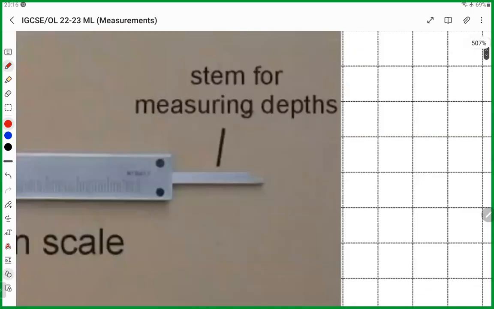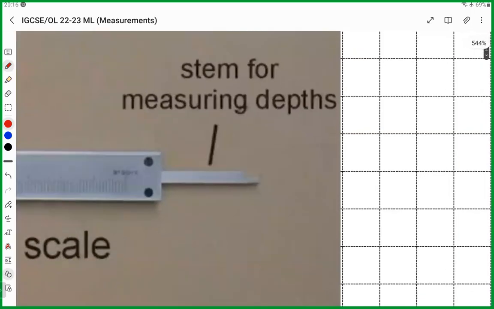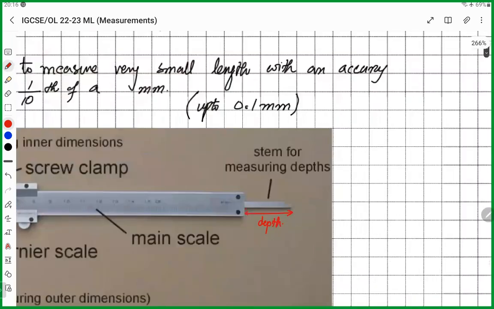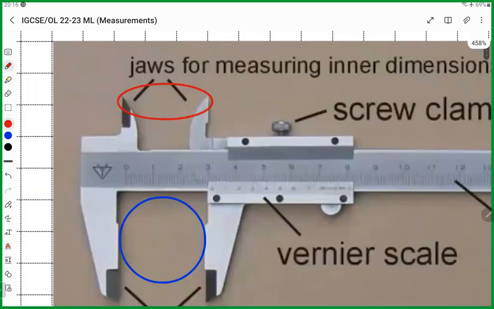And this stem can be used to measure depth. Okay. But readings are always taken from here.